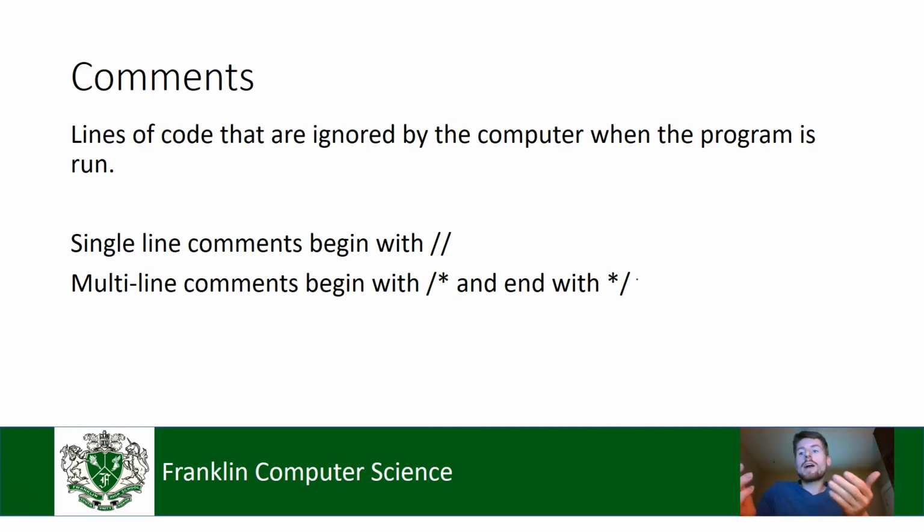So why would you write code that the computer ignores? Well, it's for you to explain something to another programmer, so someone else is going to read your code. And a lot of the time, we're not writing code just for ourselves. Like you're writing a program and turning it in to your teacher.